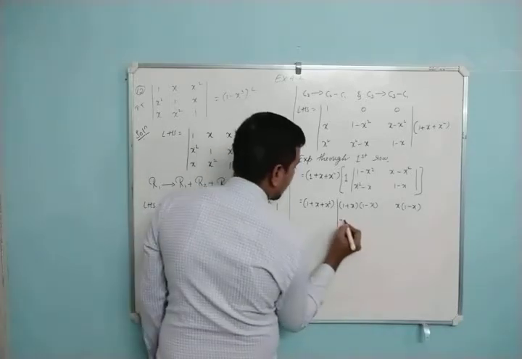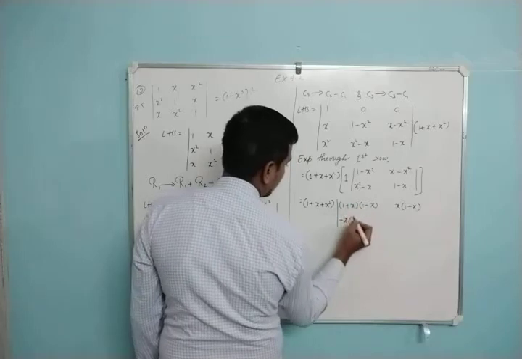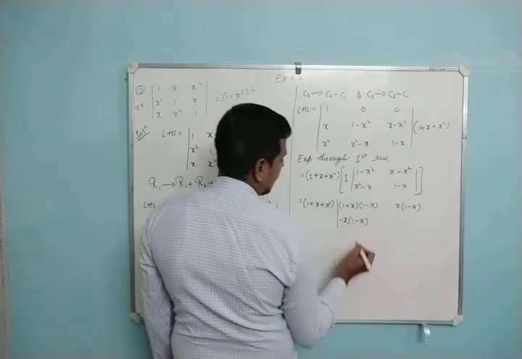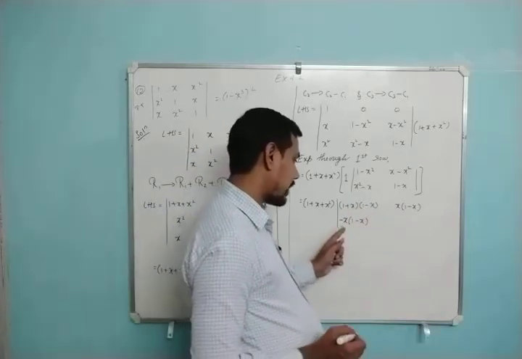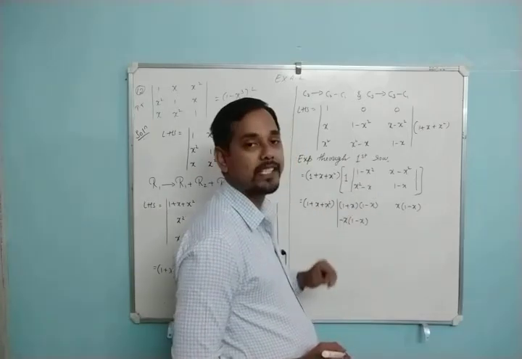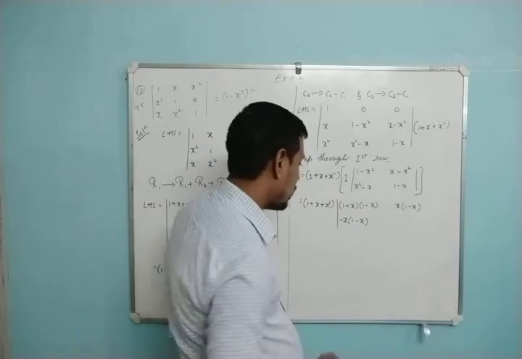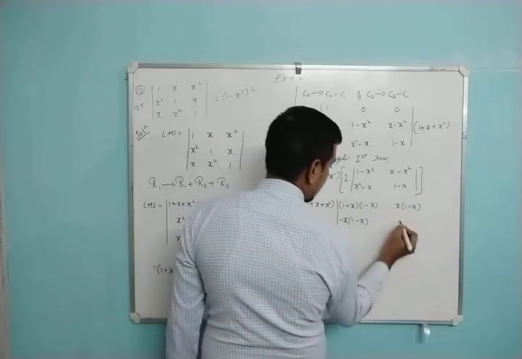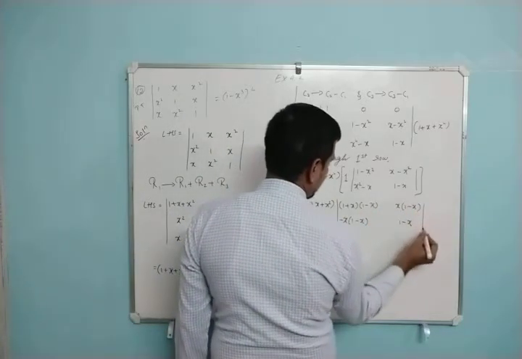What remains is 1 minus x. If you multiply minus x into 1, and minus x into minus x plus x square, you get back the same values. And here 1 minus x as it is.